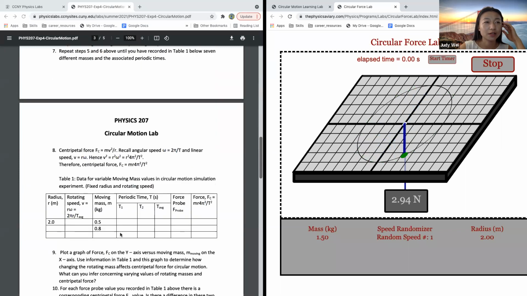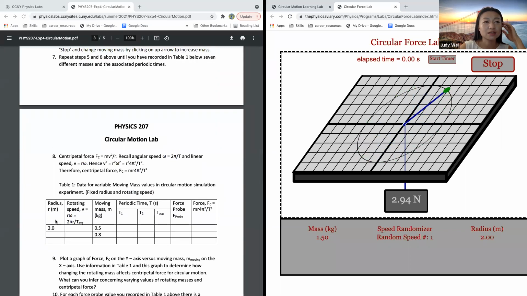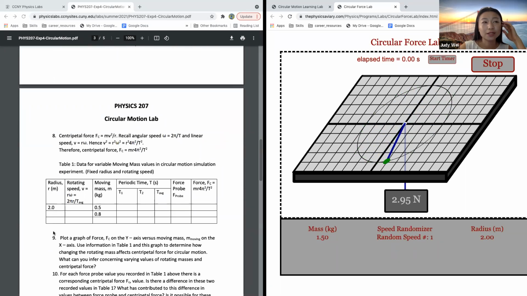So you have a table here. So let's say this is the radius. For the first table, we always keep the radius constant. And the speed, I guess the one you calculate speed. So this is the moving mass.